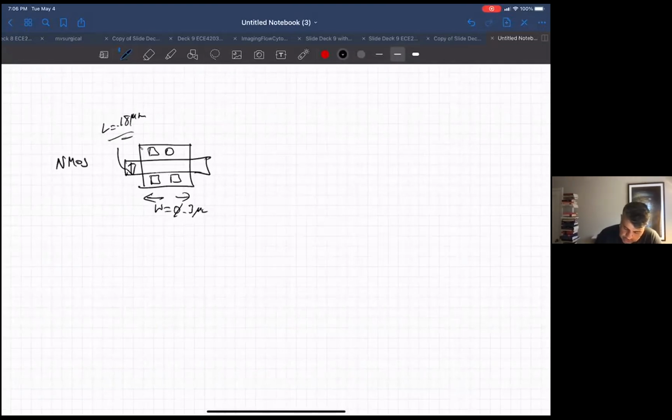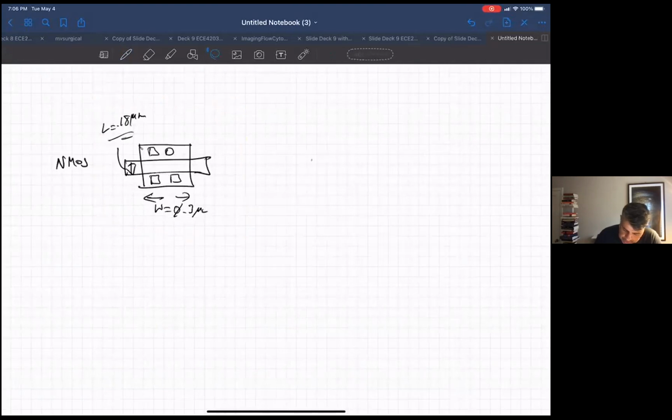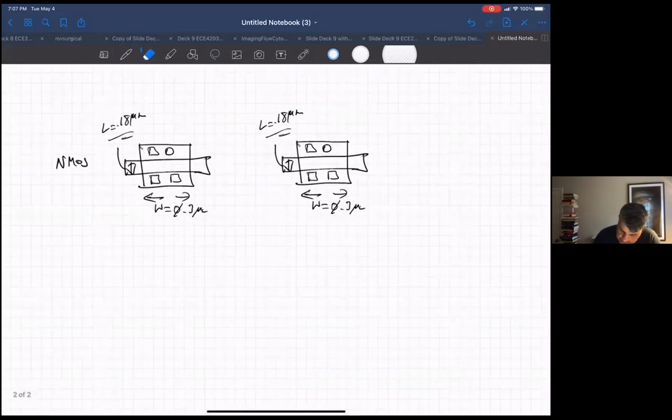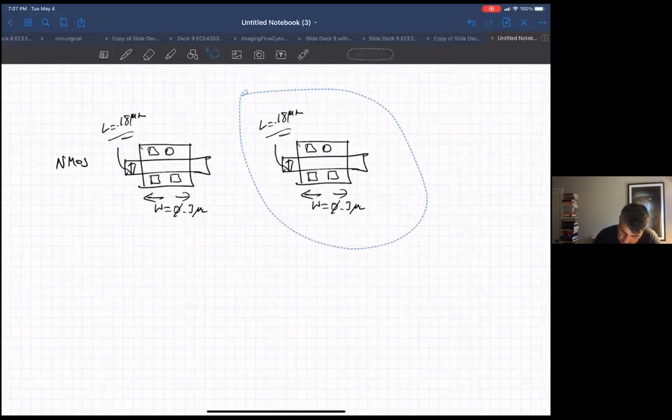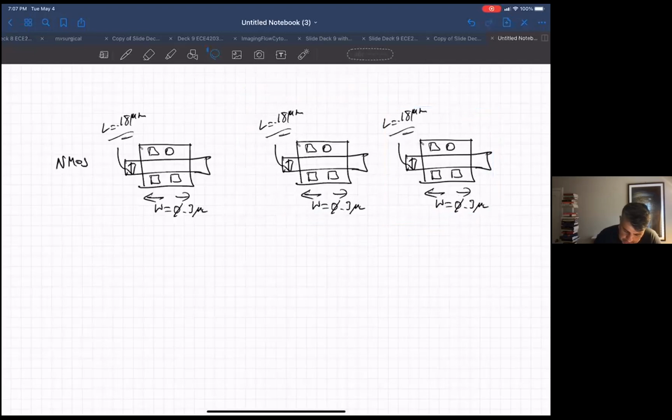So when you do something like M equal to 2, you are basically saying, I'm going to have 2 of these devices connected in parallel.